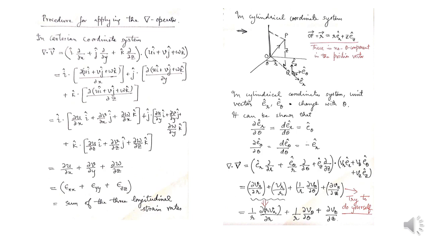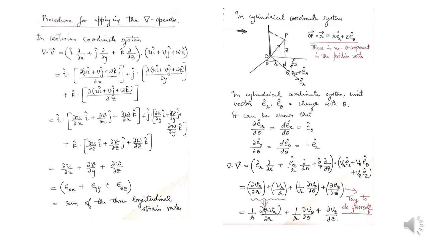Follow the same steps as we have done for the Cartesian case, with the only care that when del by del theta operates on the velocity components, V_r e_r and V_theta e_theta, you have to apply the derivative using the product rule, because both quantities involved in the derivative, V_r e_r or V_theta e_theta, will change with theta.